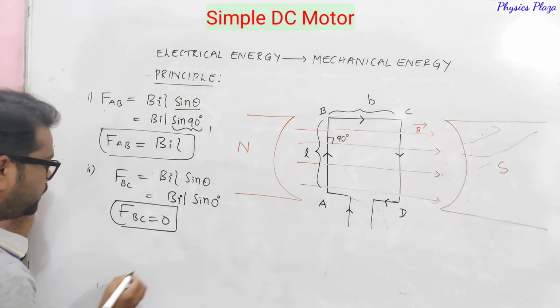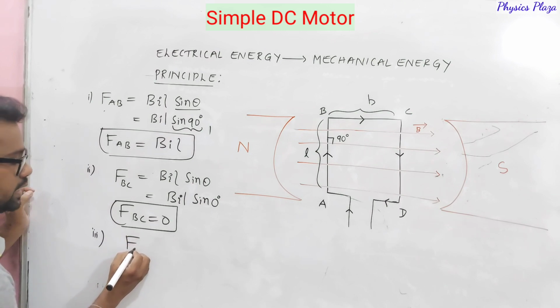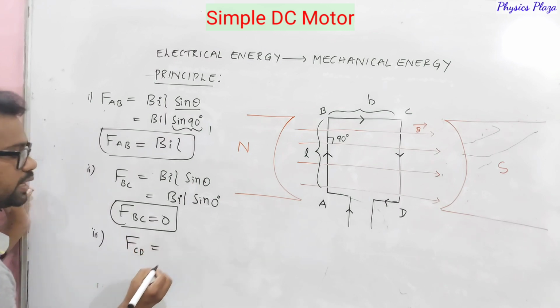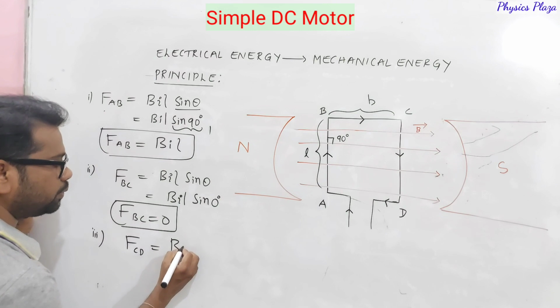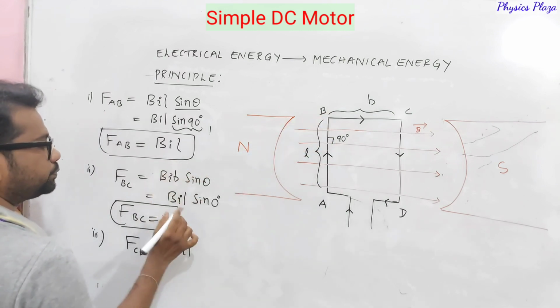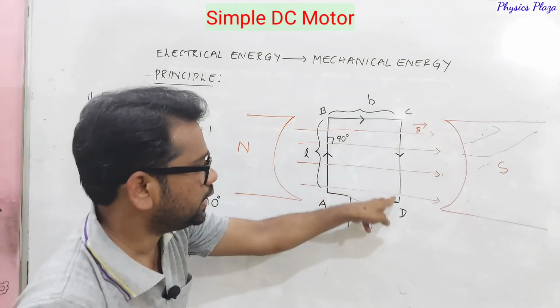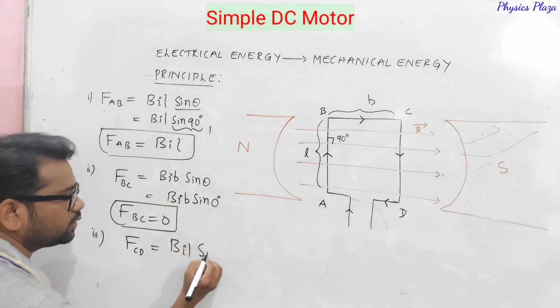Now let us discuss the third side, that is the force acting on CD. Same formula, BIL. Here the side is B actually. This length is L only. This length is L sin theta.